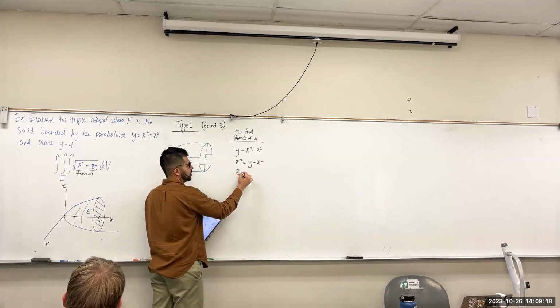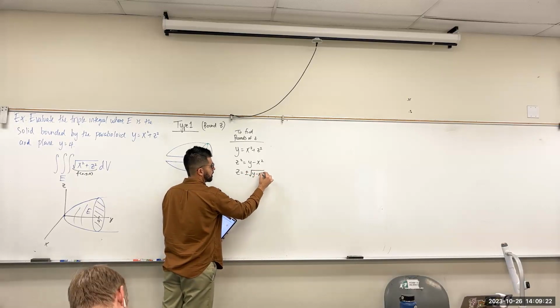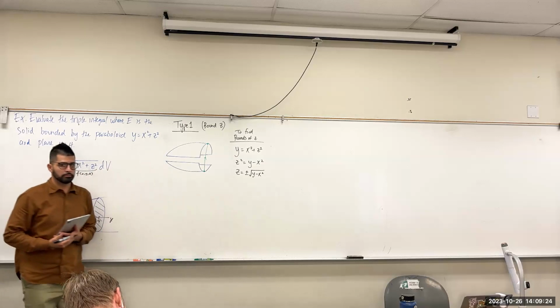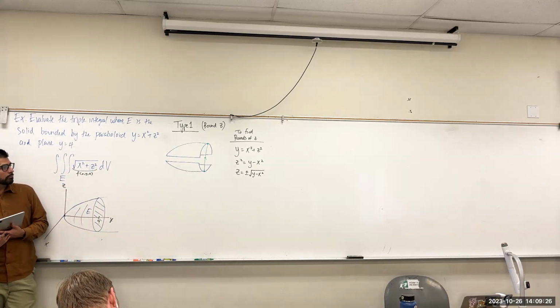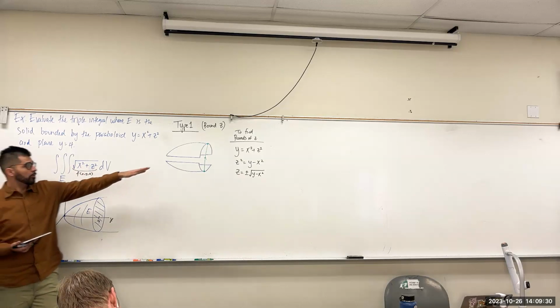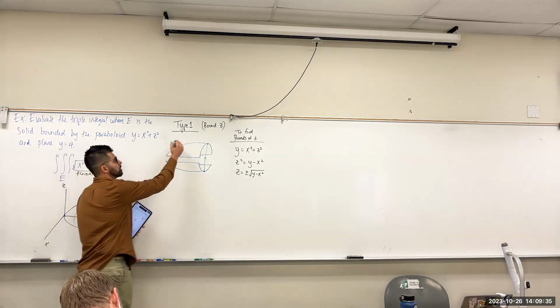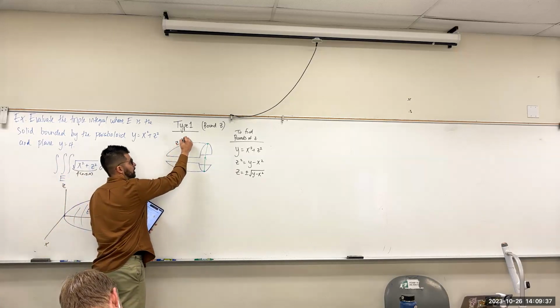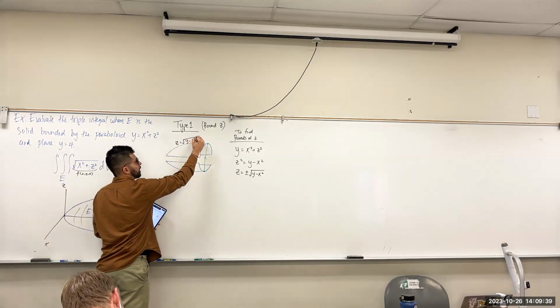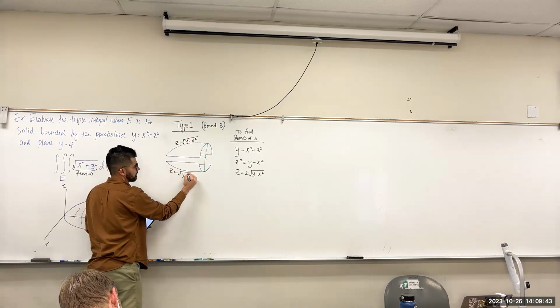Then I take the square root, and notice that I get a plus or minus square root of y minus x squared. So now that we have that, what do you think the top surface is going to be? What's the function of the top surface? Positive square root. And then the bottom one? The negative square root.